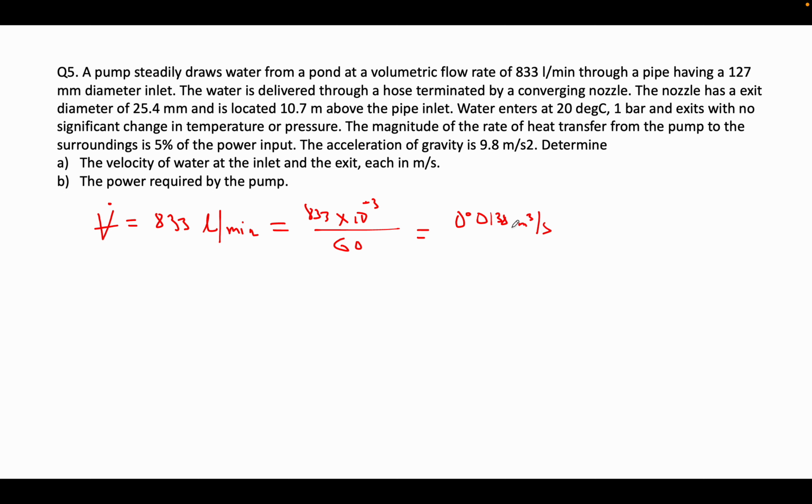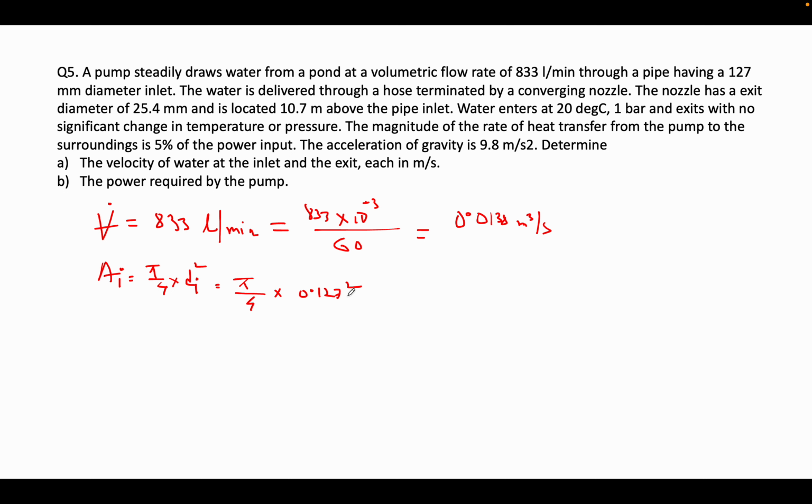Then the inlet diameter is given, so A_i is equal to pi by 4 times d_i squared, which is pi by 4 times 0.127 squared. So what will you get?